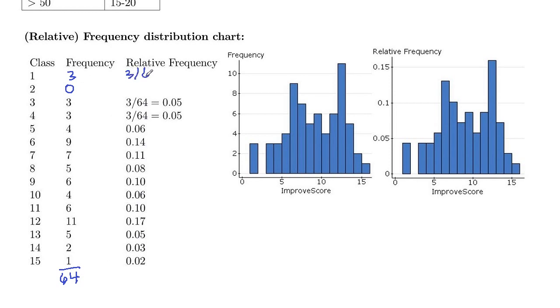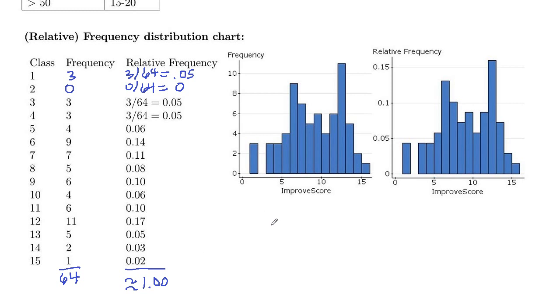So 3 divided by 64, 0 divided by 64, 3 divided by 64, etc. So 3 divided by 64 rounds to 0.05, 0 divided by 64, 0, and so on, all the way down. And then these should sum up to approximately 1.00 or 100%.